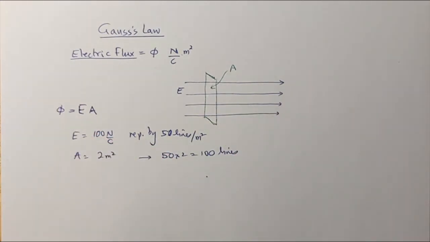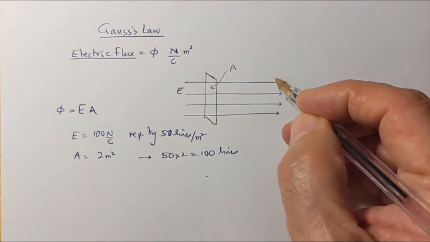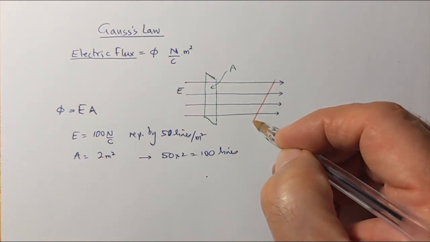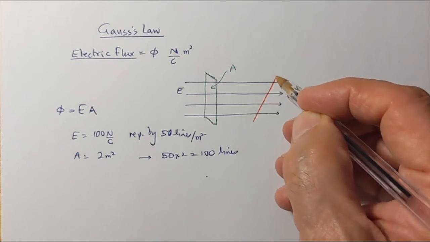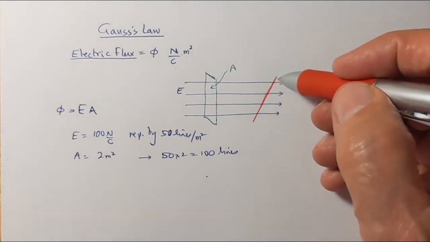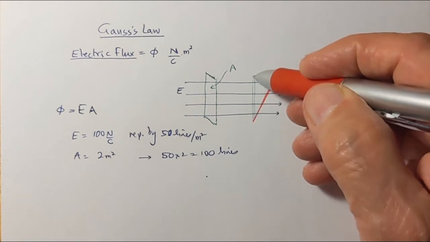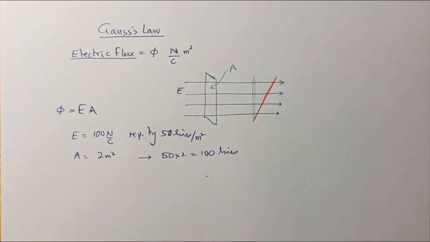Now this is if the area is perpendicular. But what if the area is not perpendicular and it's tilted? So for example, it's an area that, seen from the side, is like this. Then the number of lines would depend on the projected area, the area that's perpendicular to the lines.